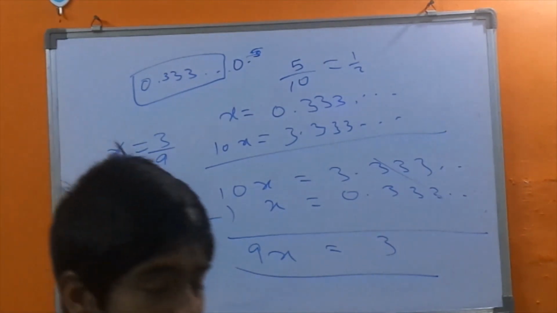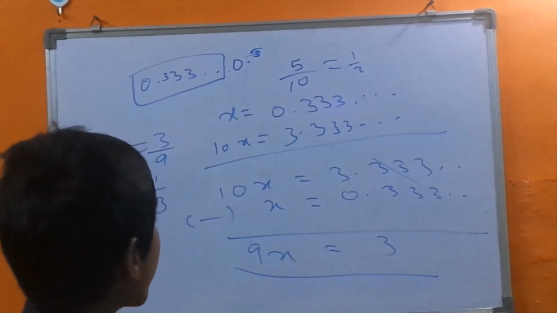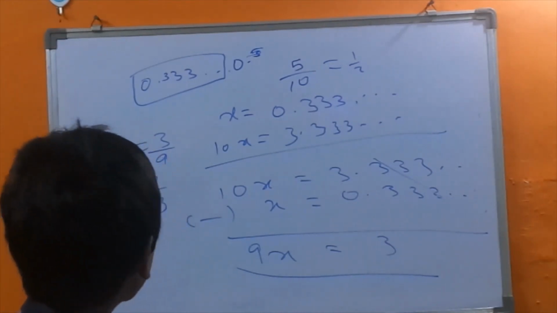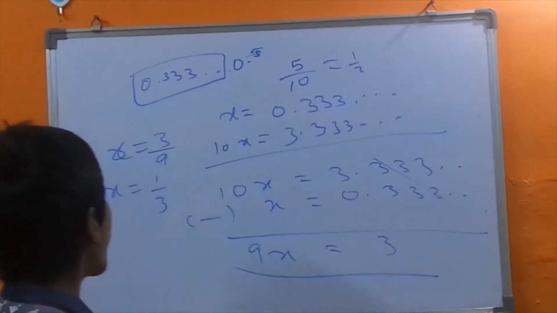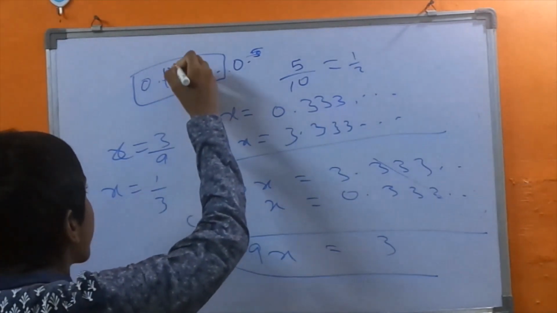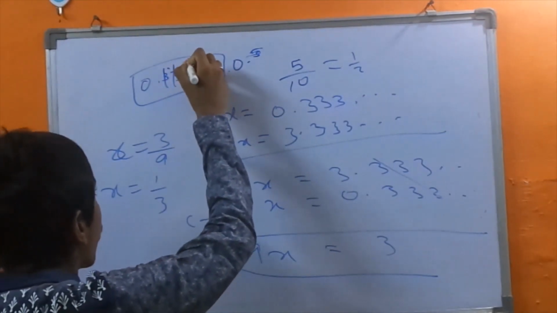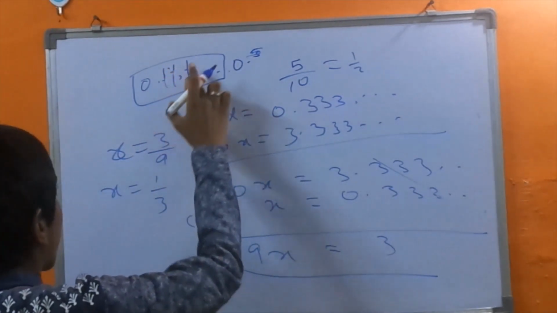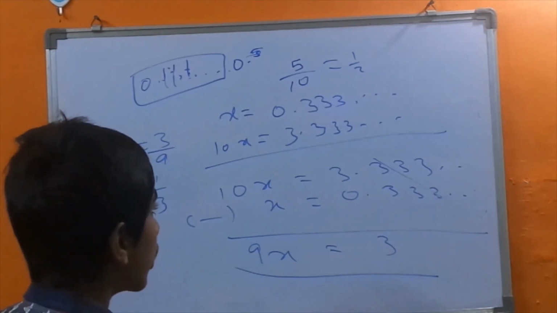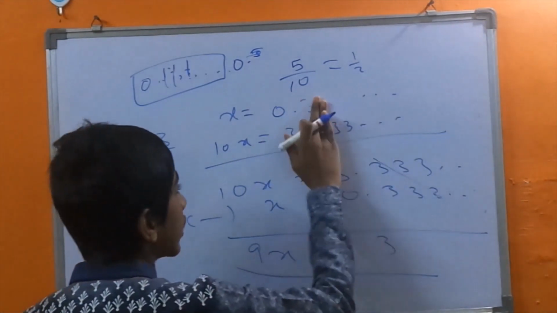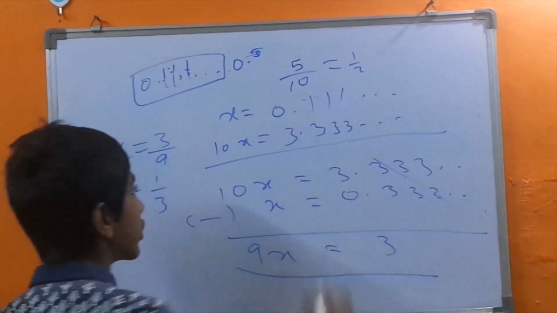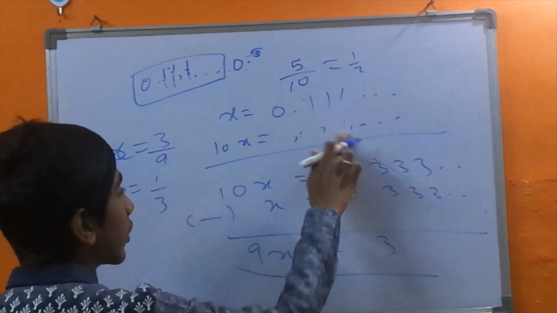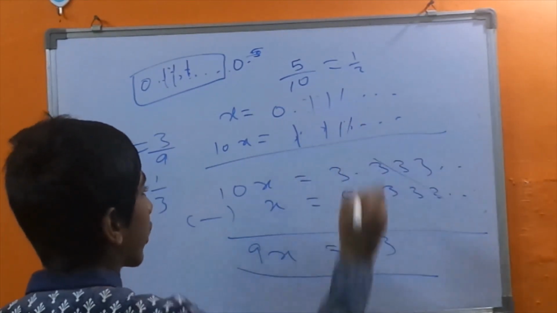So I will explain another example. For example, let us take 0.111 and so on. So x will be 0.111 and so on, and 10x will be 1.111.